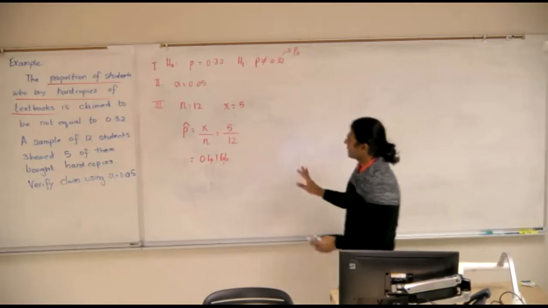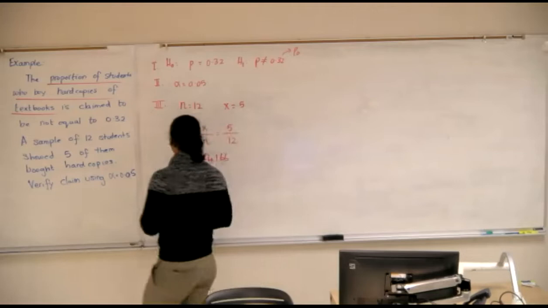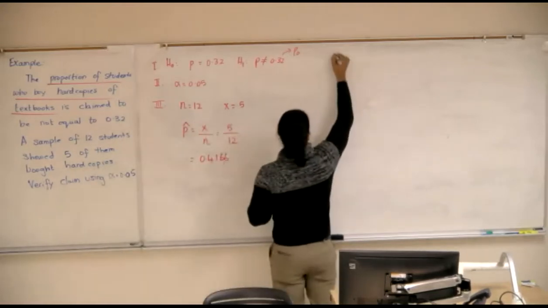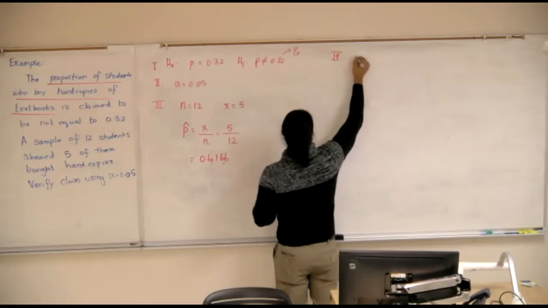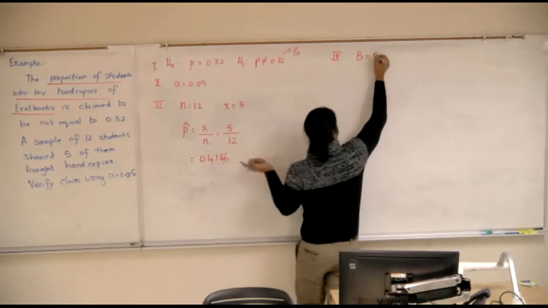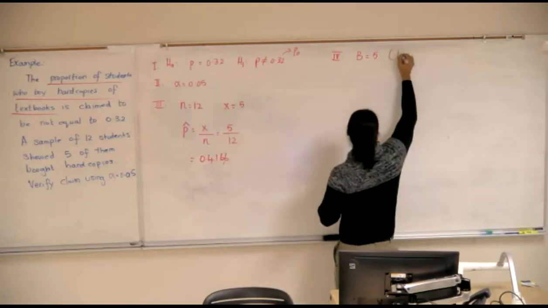So, what is our null distribution? The test statistic, B, is the number of successes.